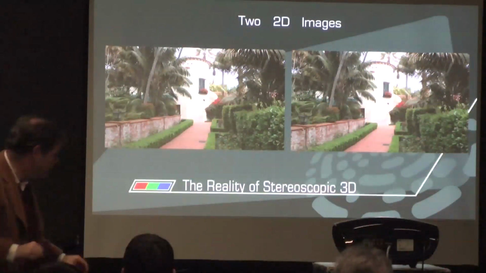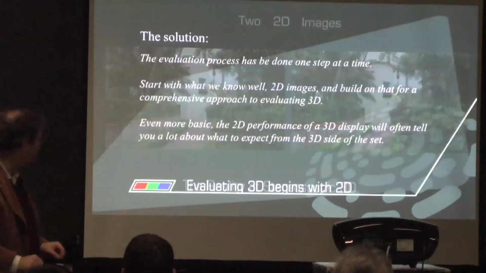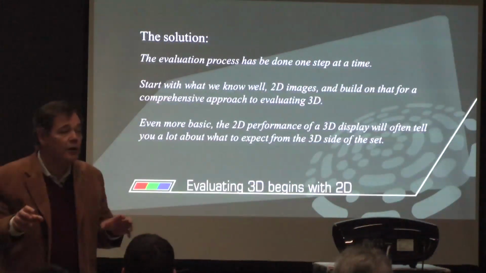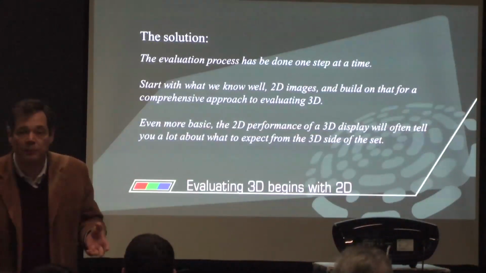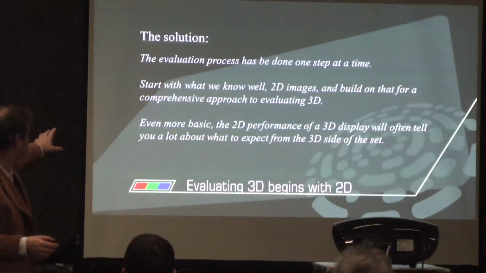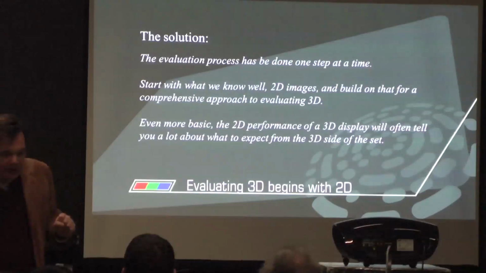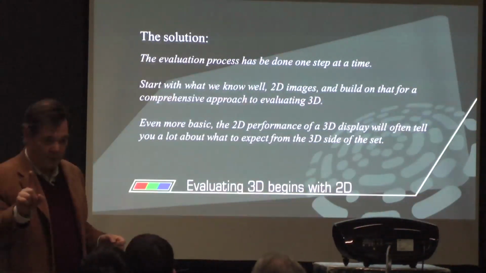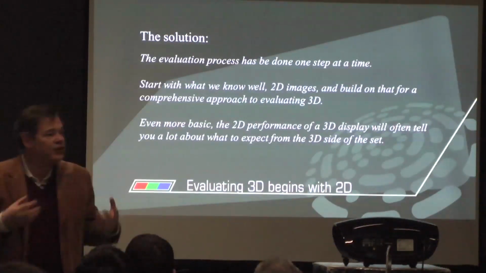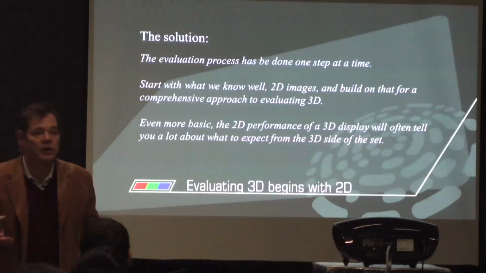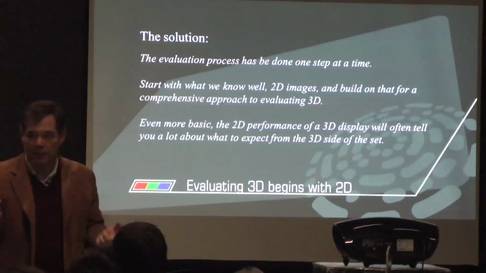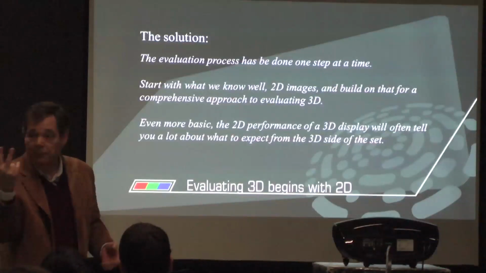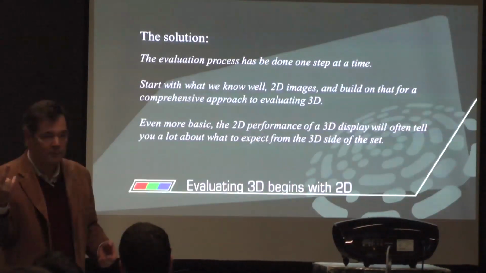So in analyzing any kind of display, if we take a step-by-step approach to figuring out what the display is doing, the best approach is to find out what the display can do with a single 2D image. If we understand what a display is doing with a single 2D image, it's going to give us a clue to what it might do when it's displaying two 2D images.